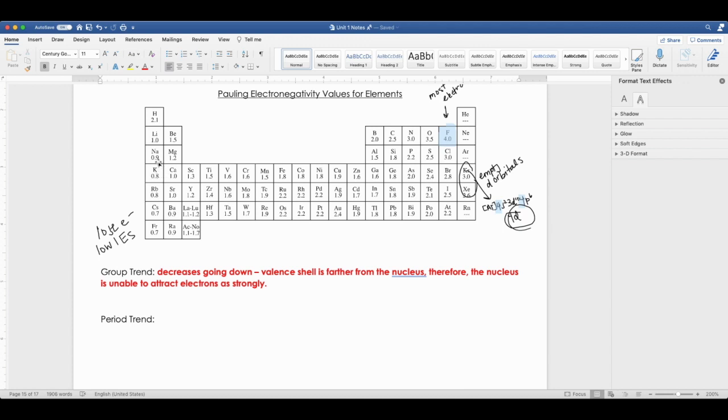So if I look at period 2, let's say, it does increase. I have 1, 1.5, 2, all the way to fluorine. I do have a little exception there with the noble gases. Of course, the noble gases don't want electrons. They're already happy. So we'll say it increases going across. Of course, the exception is the noble gases.